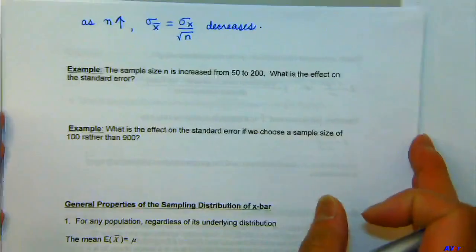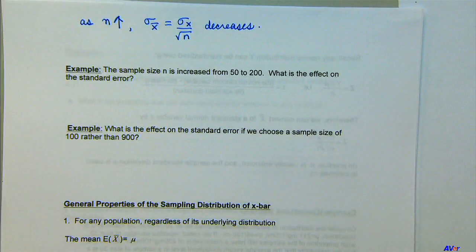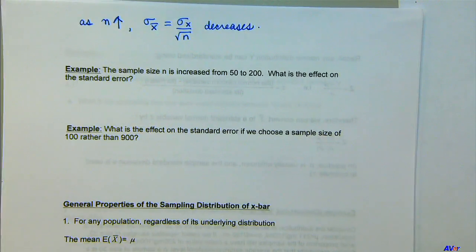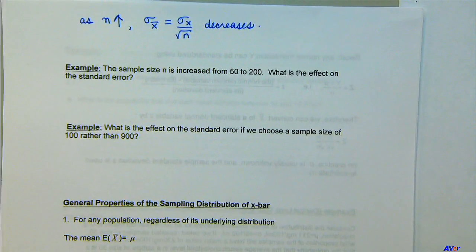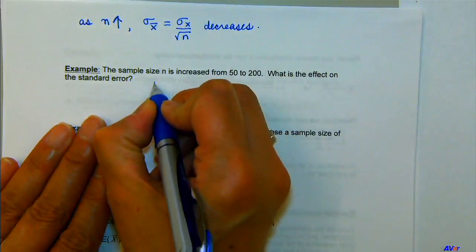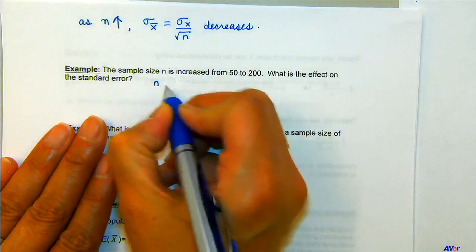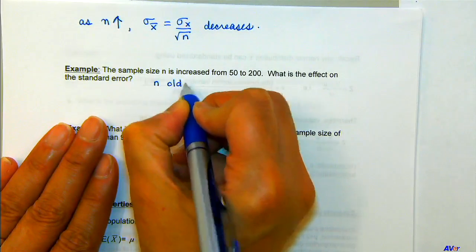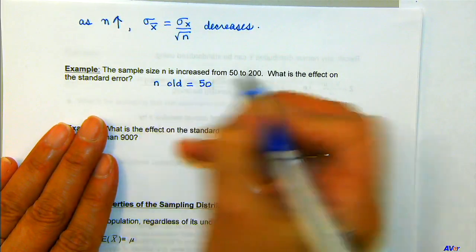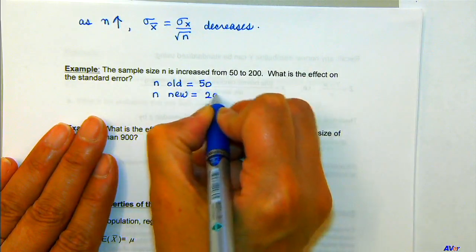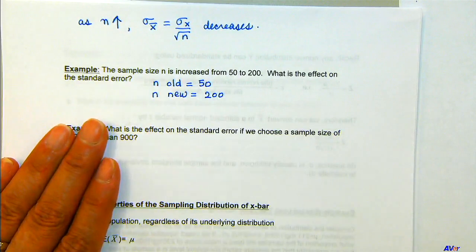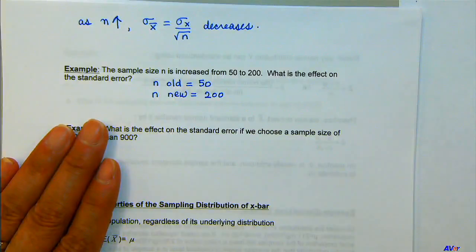So it says the sample size is increased from 50 to 200. What is the effect on the standard error? So I'm saying that the sample size, which is lowercase n, old, was 50. It used to be 50. N new is 200. What is the effect on the standard error?